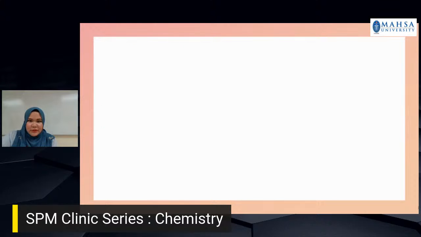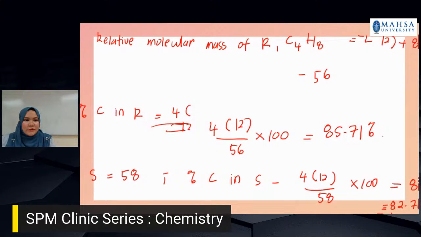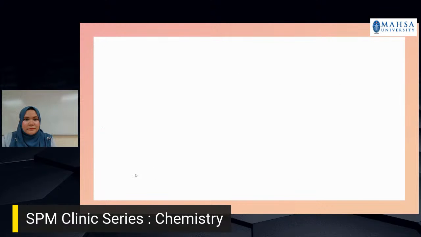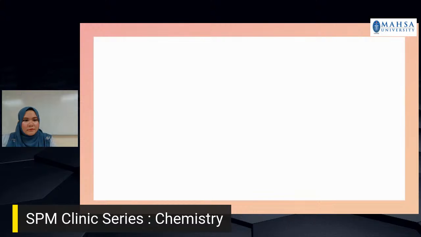Okay, so for the next question, you need to balance the chemical equation for the combustion of S. So C4H10 plus O2, then you get CO2 plus H2O.